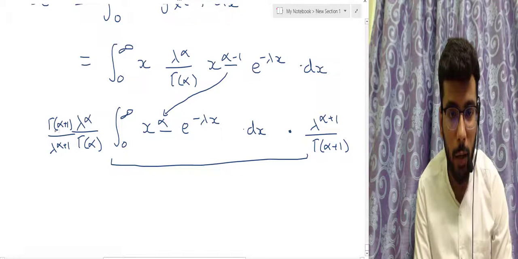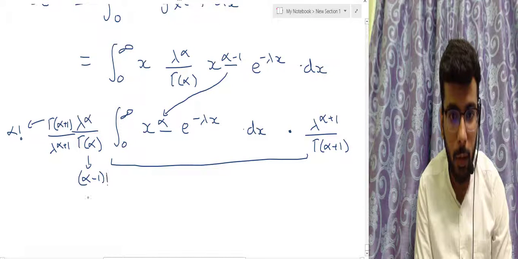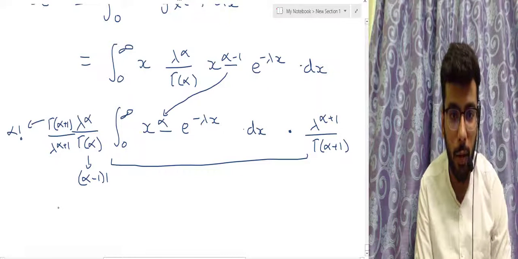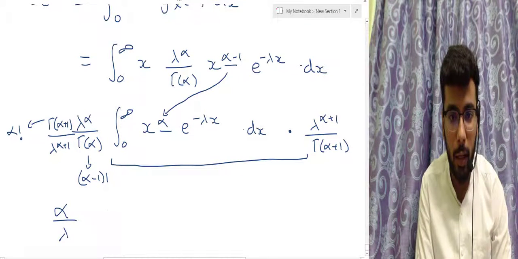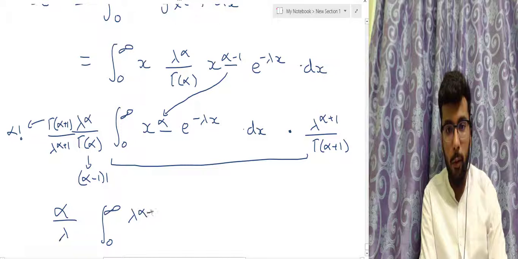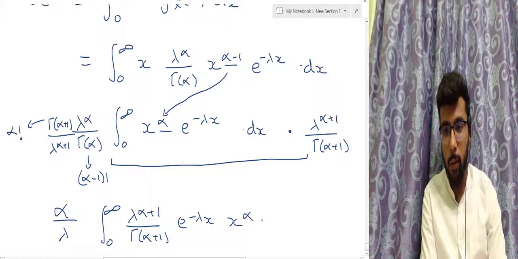Gamma of alpha plus 1 upon gamma alpha is alpha factorial upon alpha minus 1 factorial. These will cancel out, so it becomes alpha in the numerator, and in the denominator you have a lambda. So it is just alpha upon lambda, and inside you have integrating from 0 to infinity lambda to the power of alpha plus 1 upon gamma alpha plus 1, e to the power of minus lambda x and x to the power of alpha dx.